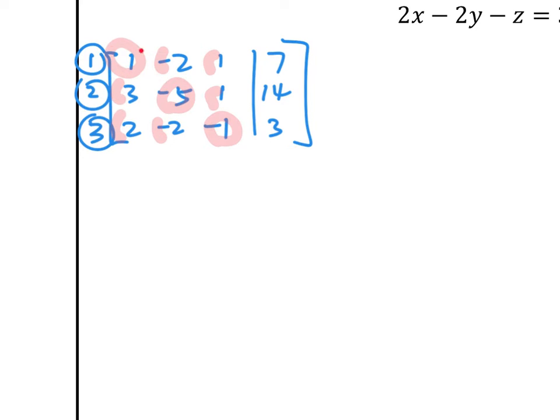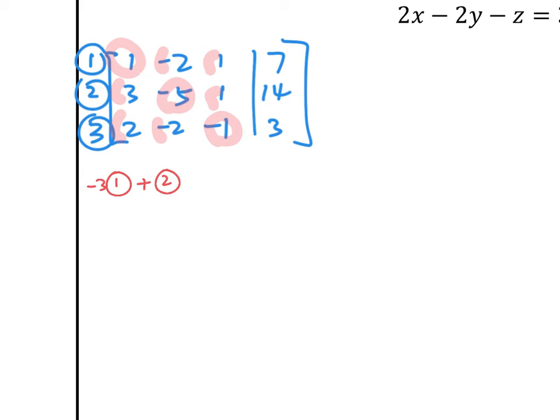I'm going to use this 1 to help me get rid of this 3. To do that, I'm going to multiply the entire row by -3. Okay, so I'm going to write that down. Multiply the entire row 1 by -3, and then I'm going to add to row 2.